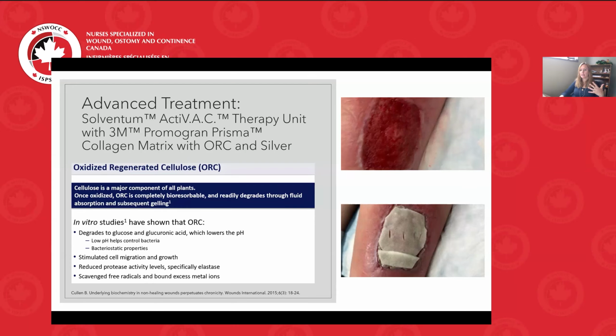So it helps get the wound out of that inflammatory state and into the remodeling phase. It helps to lower the pH, making the environment a little more acidic so the bacteria can't grow, so the MMP or protease activities are decreased as well.